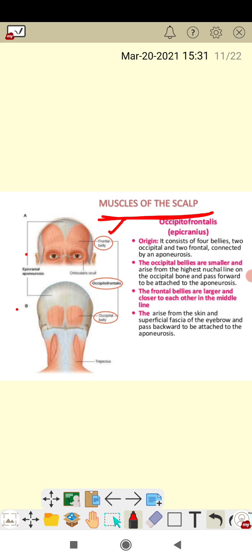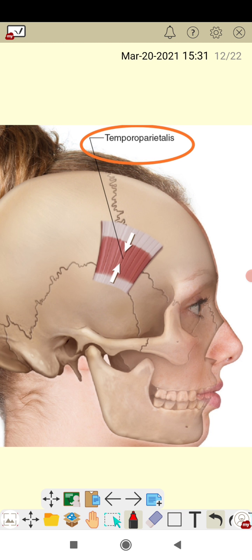Now frontal bellies of occipitofrontalis muscle and occipital bellies of occipitofrontalis muscle both come and unite to form an epineurosis, and this epineurosis is termed as epicranial epineurosis or galea aponeurotica.